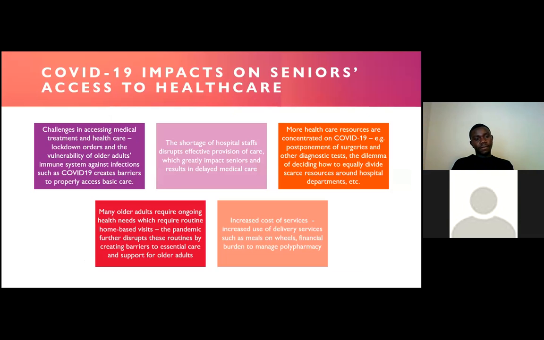But in terms of healthcare access, COVID-19 posed a very big impact on our seniors. You could see challenges in accessing medical treatment and healthcare because of lockdown orders and the vulnerability of the immune system against infections.